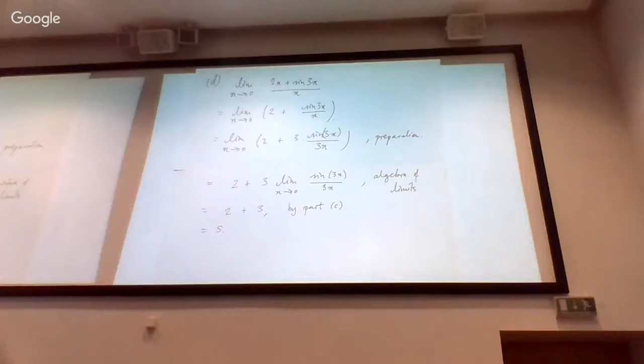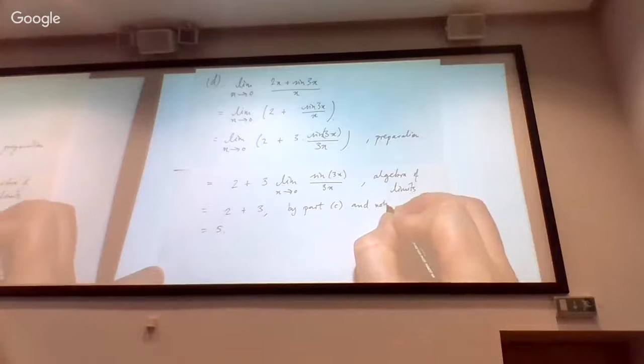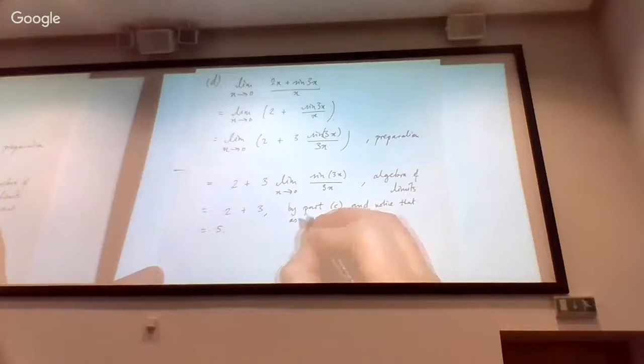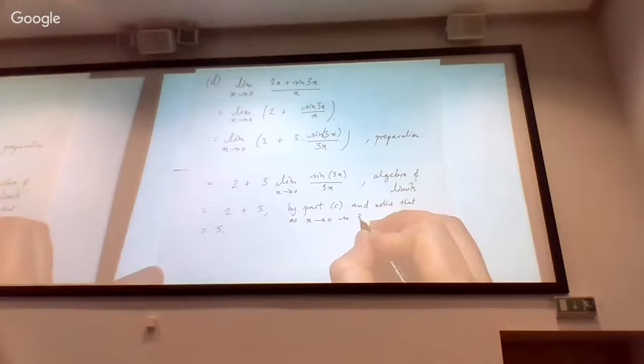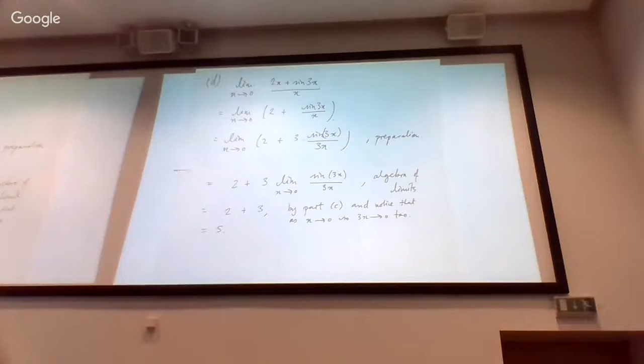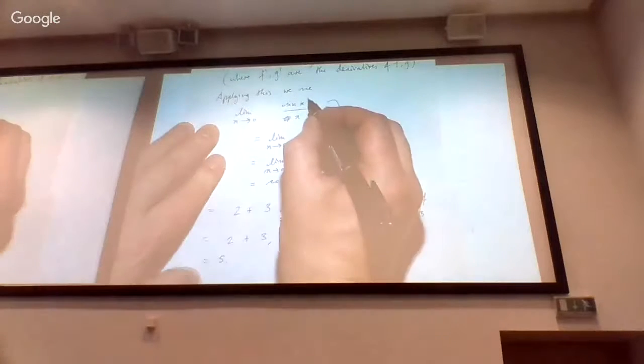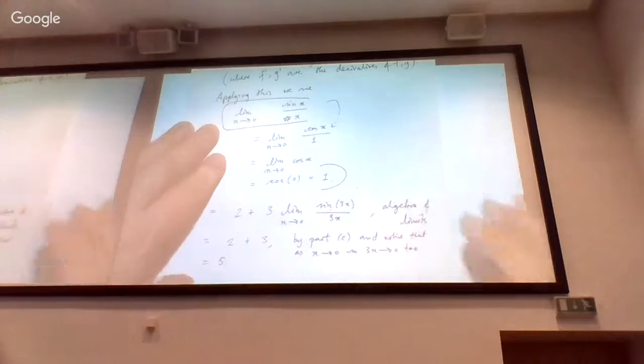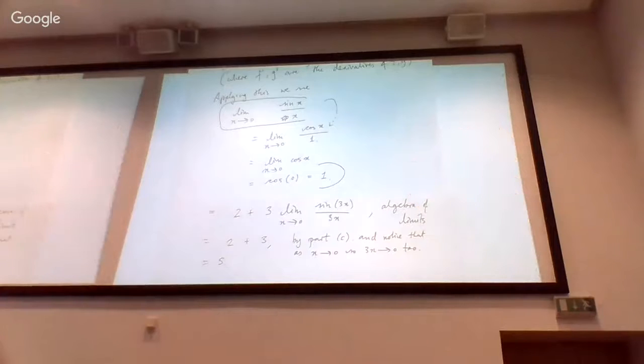But of course, as x goes to 0, 3x goes to 0 too. So if you're taking the limit of this expression depending on 3x as x goes to 0, that's the same as 3x going to 0. So we can see it exactly as an instance of the result of part C, which is the limit of sine of something over that something, as something goes to 0. Well, that's exactly what we have.